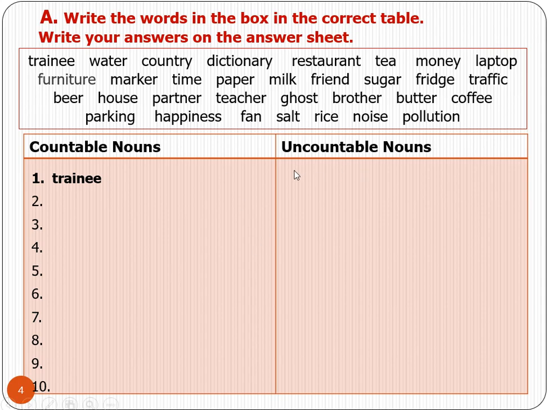And what is an uncountable noun? An uncountable noun is a noun that we cannot count. For example, water. Can we count a water, 2 waters, 3 waters? No. Why not? Because water is an uncountable noun.